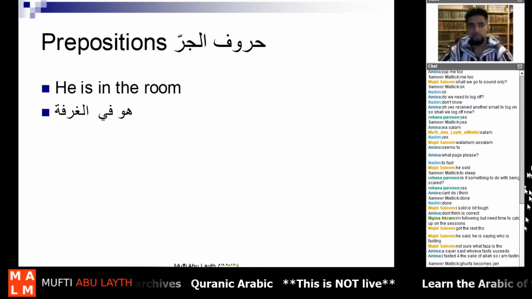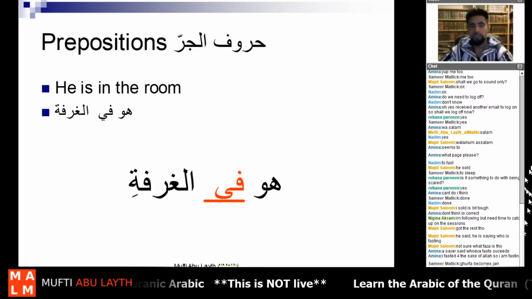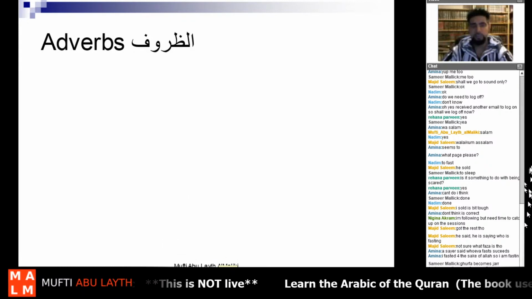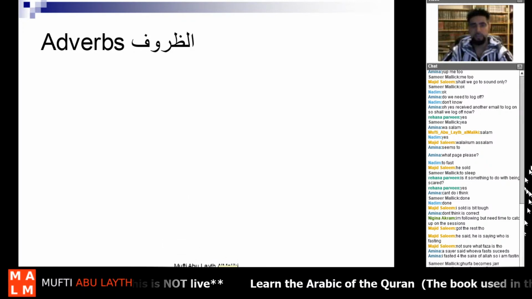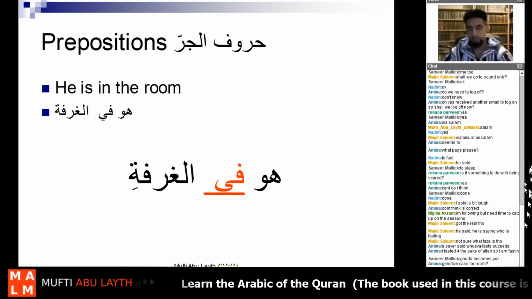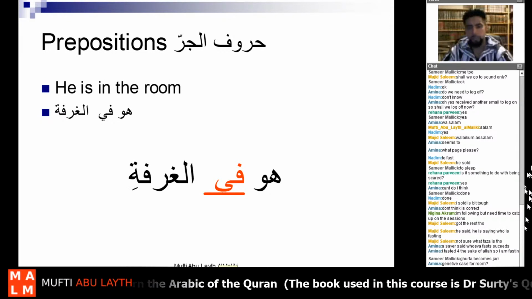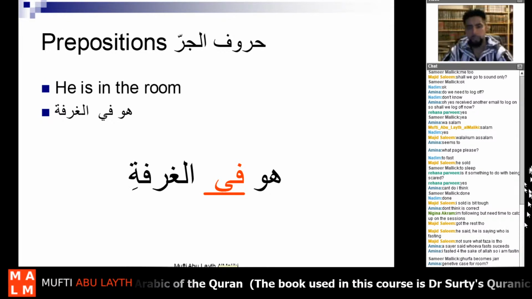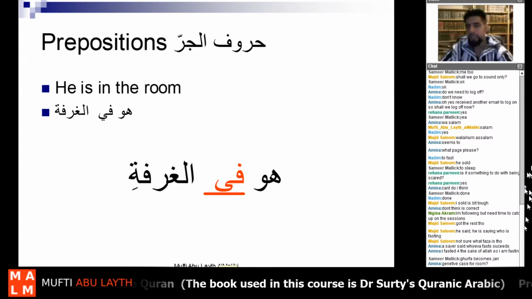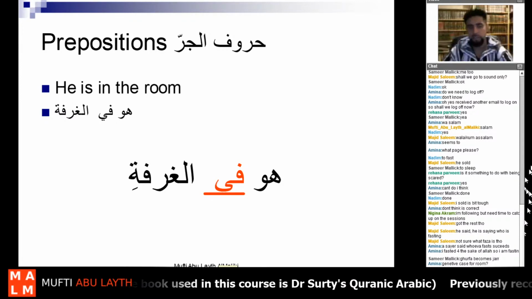So, just to put that up in front of you, there you are. Huwa fi, this is the preposition, and ghurfa, as you can see, gets this kasra at the end of it. We don't say tanween, Majid, because tanween refers to double. A haraka can be either, but tanween means the double of it, the un sound or the in sound.